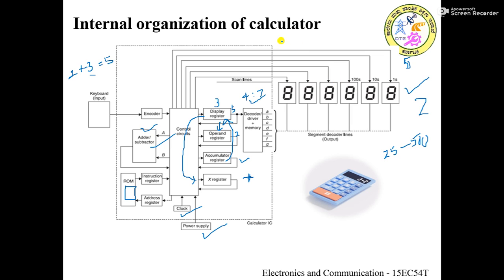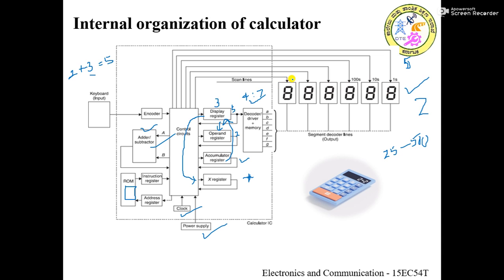Here you can see these scanning lines are used because there are multiplexed 7 segment displays. These scanning lines are used to turn them on in an alternating fashion, one by one. All segments won't be turned on simultaneously. Only one 7 segment display will be activated at any time, but these scanning lines are going to activate them at a faster rate.